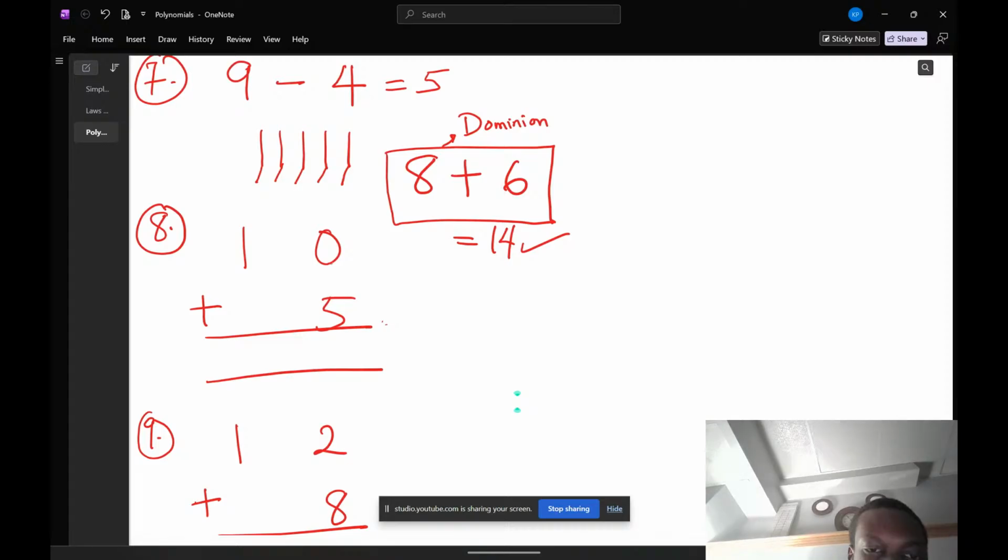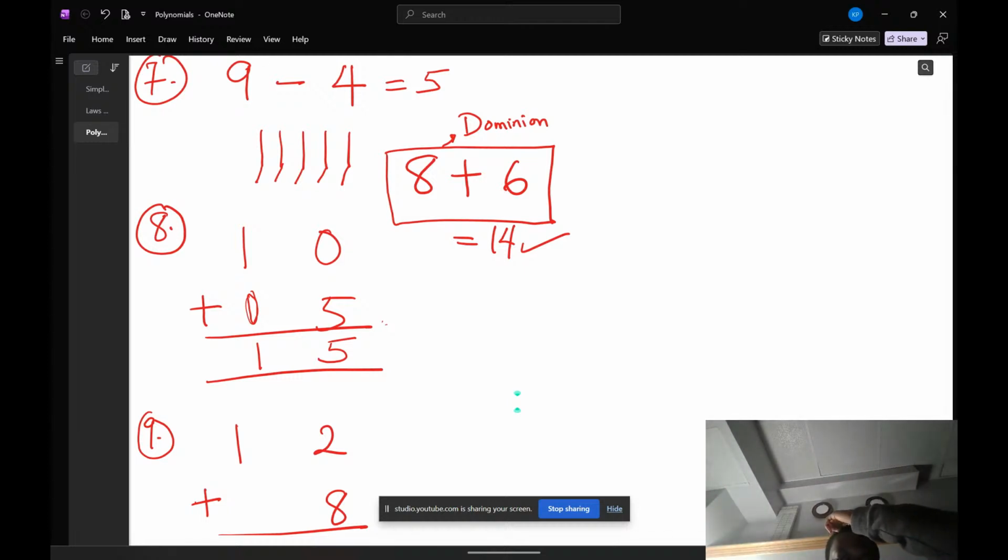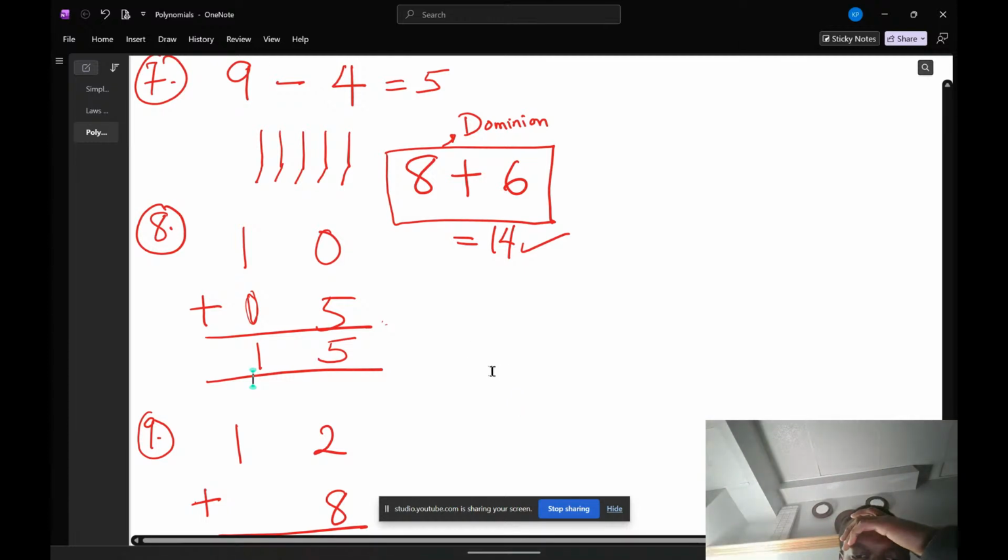So we have 0 on top, 5 under. 0 plus 5 will still give us 5. Then we have 1 here and nothing under it, so let's say we have 0 there too. 1 plus 0 gives us 1. Therefore 10 plus 5 is 15.